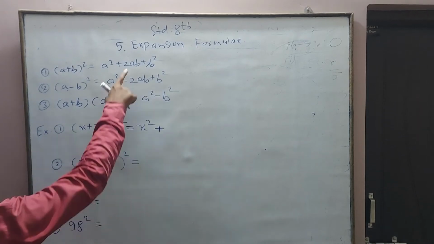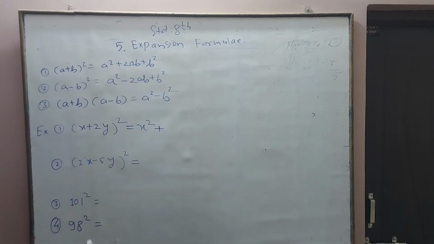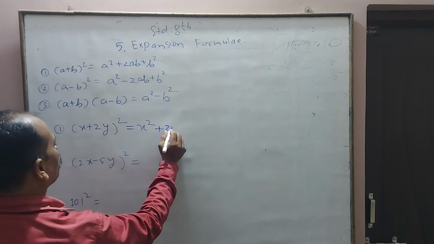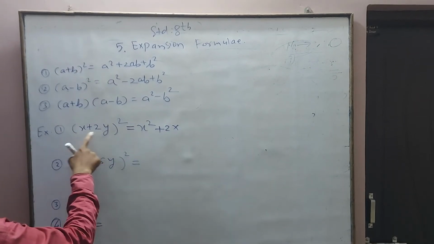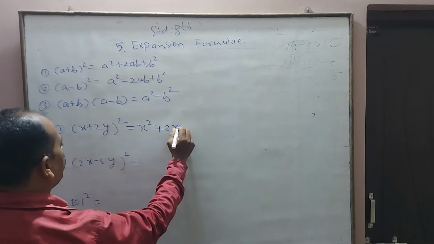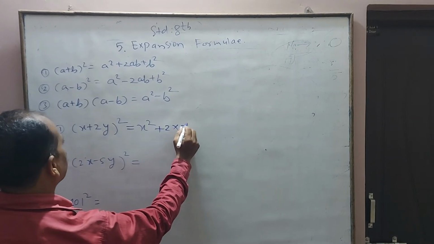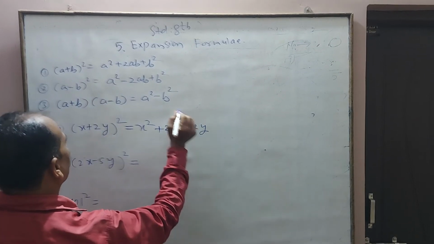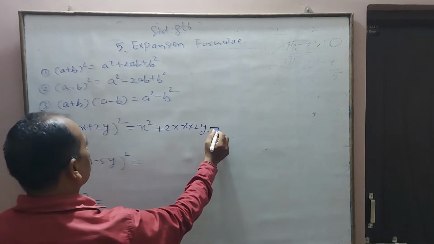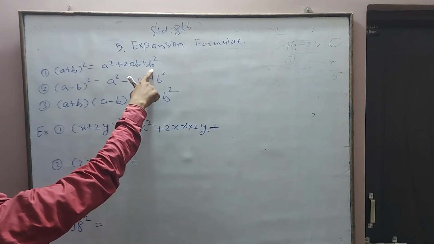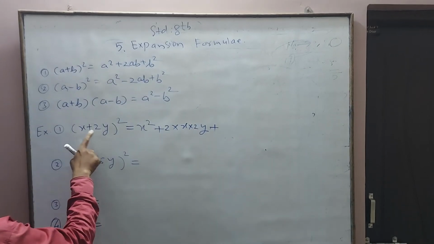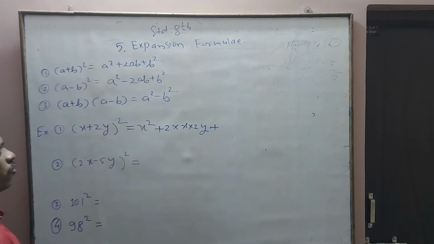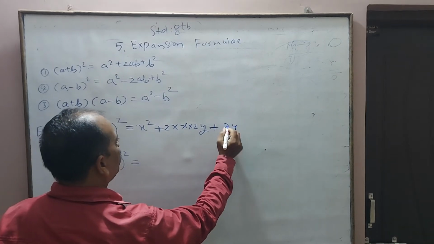And a into b means product of these two numbers. So here two numbers are x and 2y. We will multiply x and 2y here, then positive sign as per the formula, and b square, b is second term, its square, here second term is twice y and its square.